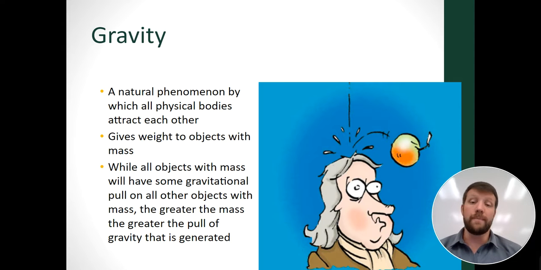So it's a natural phenomenon by which all physical bodies attract each other. It gives weight to objects with mass, and while all objects with mass will have some gravitational pull on other objects with mass, the greater the mass, the greater the pull of gravity that is generated. This is why, even though the substantial things around you have mass, you're not attracted to each other, and your computer isn't flying into your face right now as you watch this.